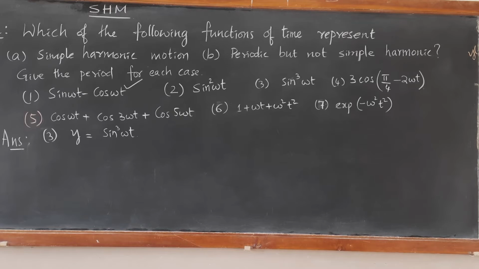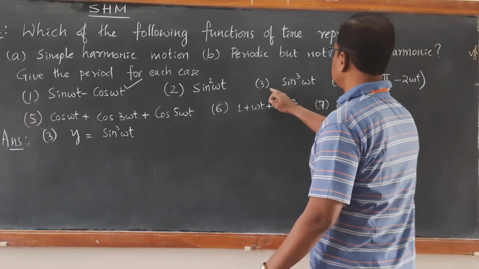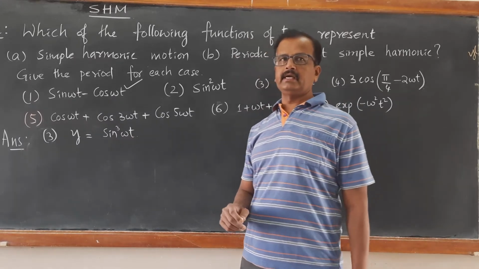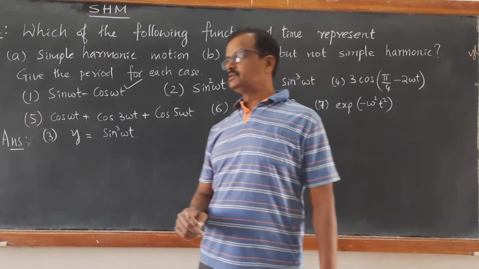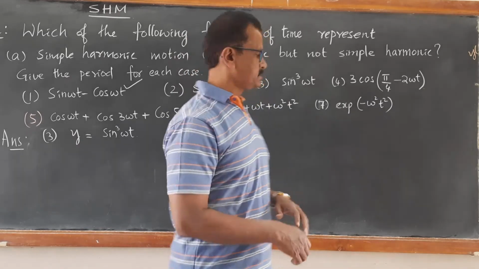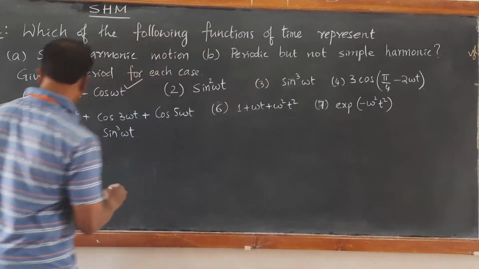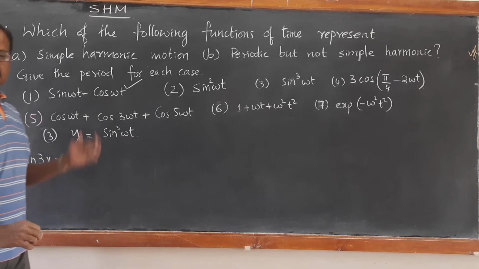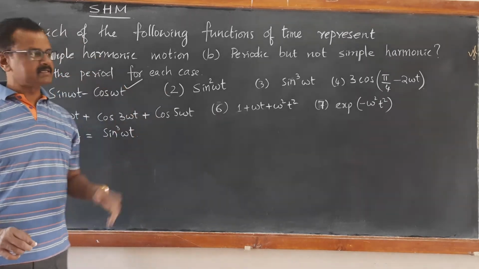Let us see the third equation, sin cube omega t. You see, sin cube omega t can be written using the trigonometric identity for sin 3x. sin 3x can be solved as sin of 2x plus x.